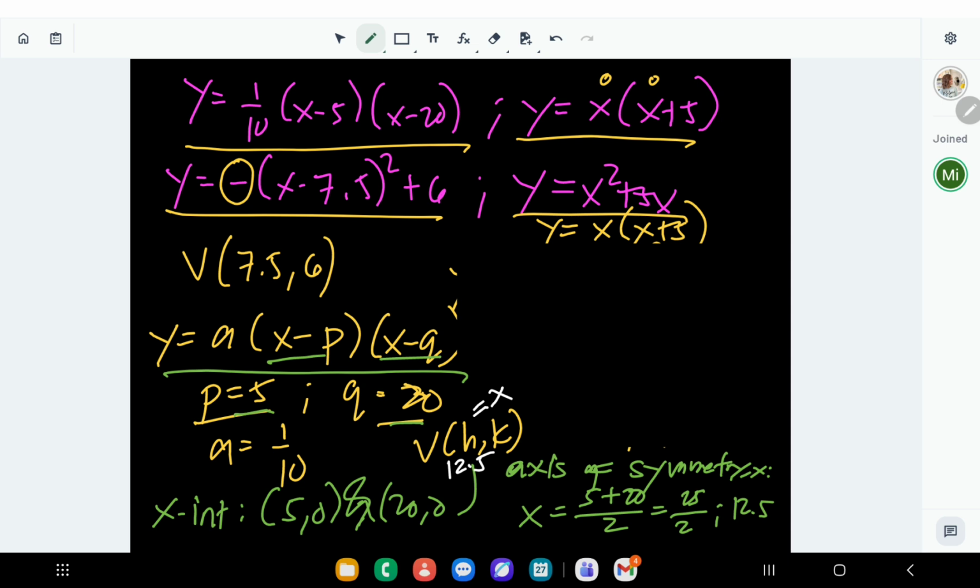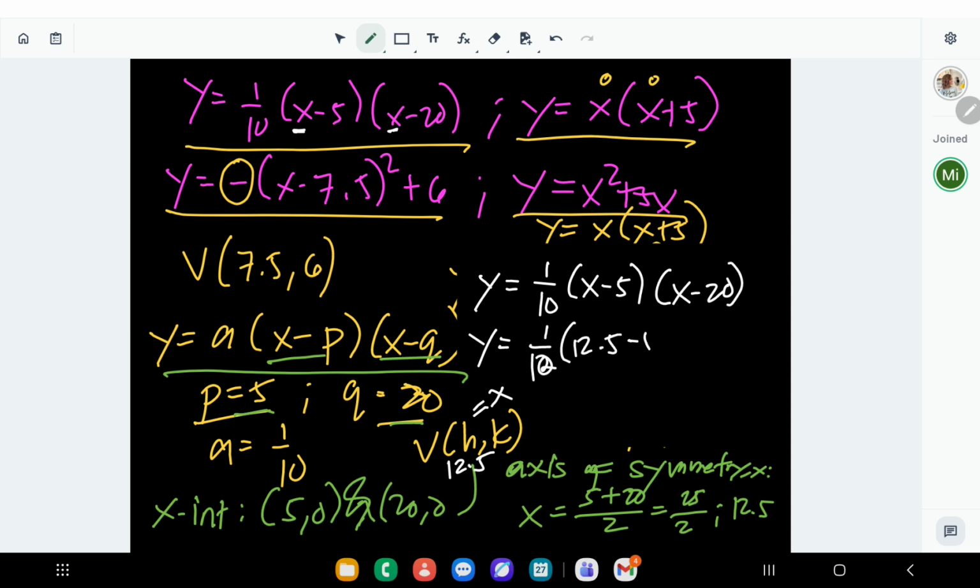We have the axis of symmetry, which is 12.5, and the axis of symmetry is equal to the x-coordinate of the vertex. So we can now find k, which is the y-coordinate of the vertex. This is what we're going to do. We plug in the value of x to the original equation. So the original equation is 1 over 10 times (x minus 5) times (x minus 20). And then we just plug in the value of x, which is 12.5. So 12.5 minus 5 times 12.5 minus 20. Okay, can you solve that?